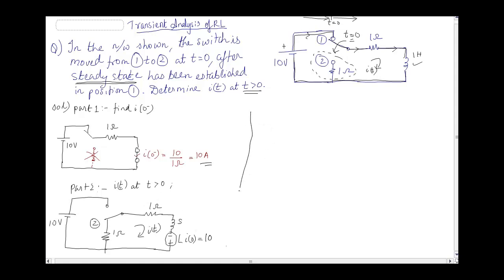Now it is very simple. All we have to do is write the KVL. So KVL for the mesh gives me, the current is flowing like this, so this is plus, minus, plus, minus. Let me take the back of the component.